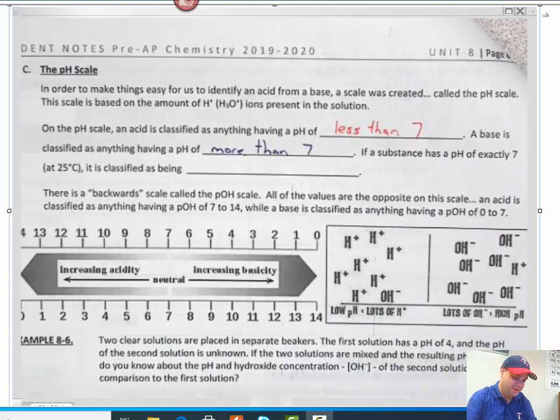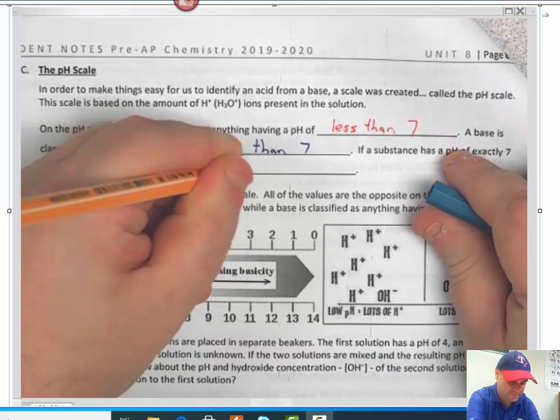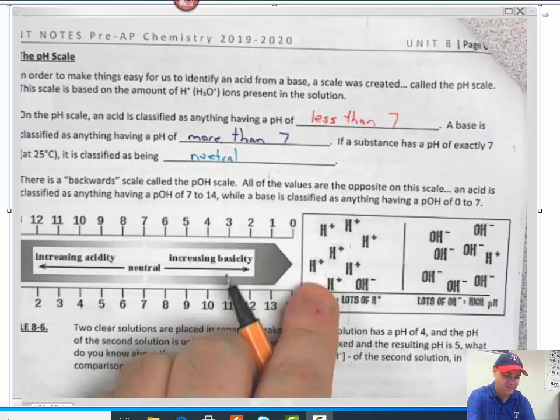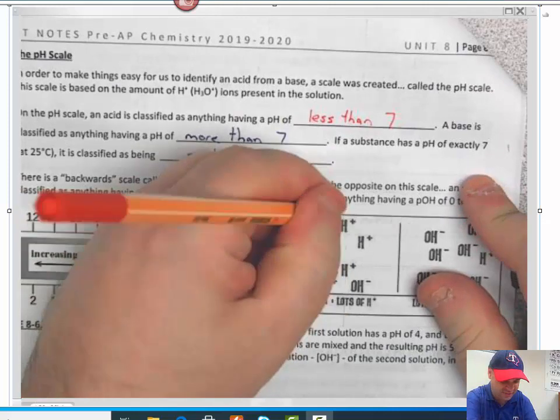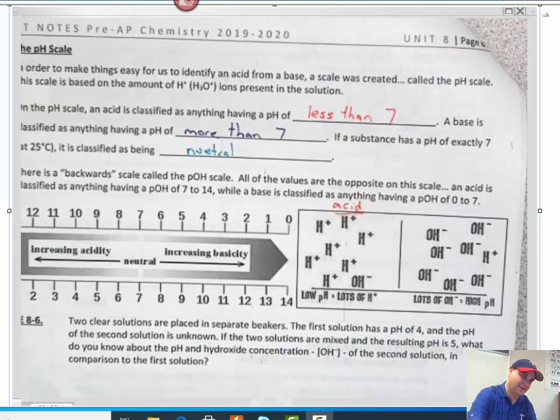And if it's exactly 7, the solution is neutral. If you look at this picture over here, you see there's a lot of H pluses here. There's more H pluses than OH minuses. So this is a picture of an acid.